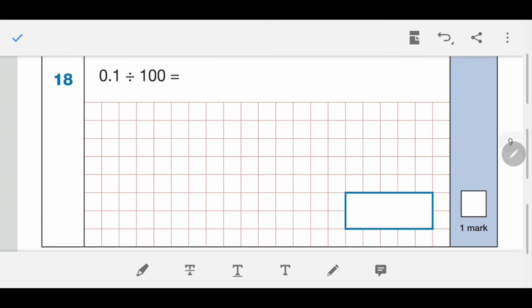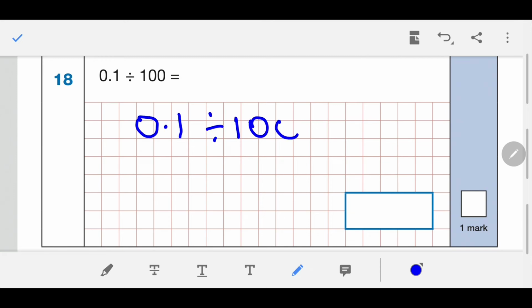Question number 18. 0.1 divided by 100. Now, if you know your rules of division, you would know that the numbers move to the left when you are dividing and move to the right when you are multiplying. So I'm going to use these boxes to represent a place value.